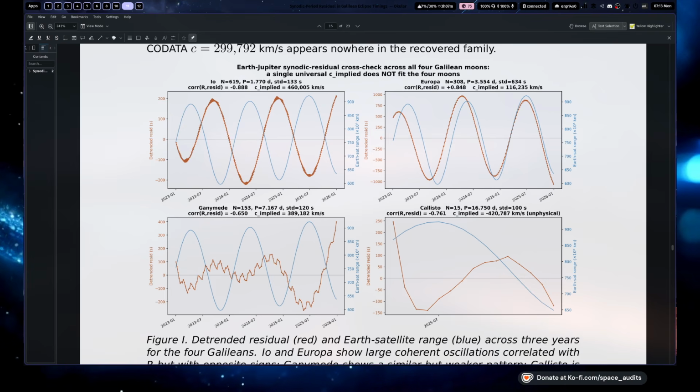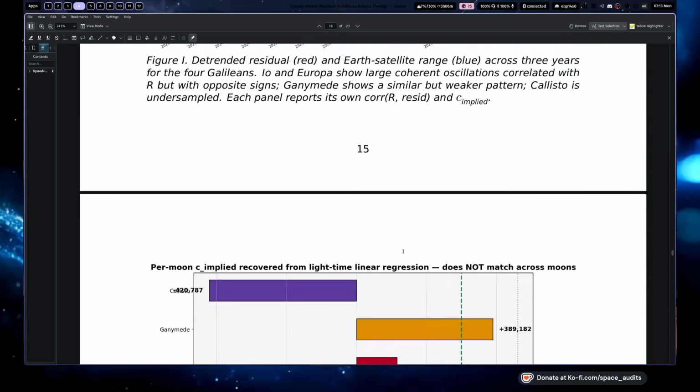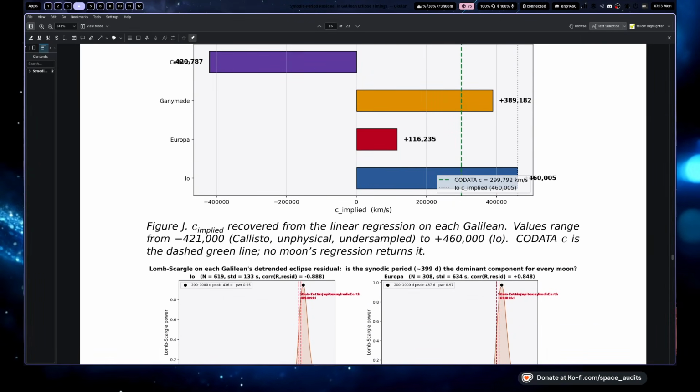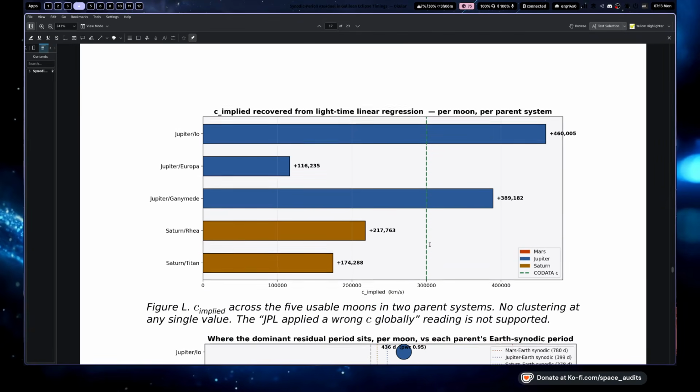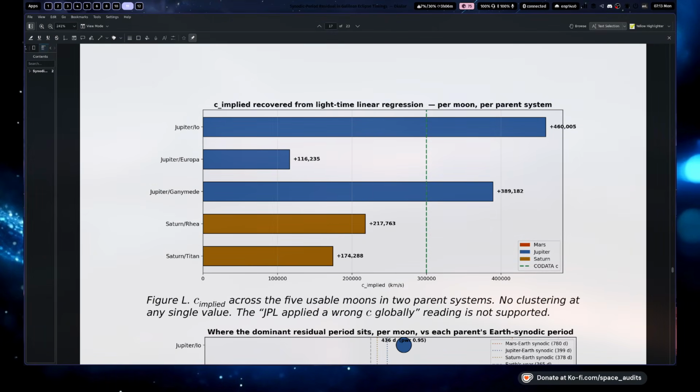Both Io and Europa experience this. If you'll scroll down, Alan, a little further. So right here, scroll back up.